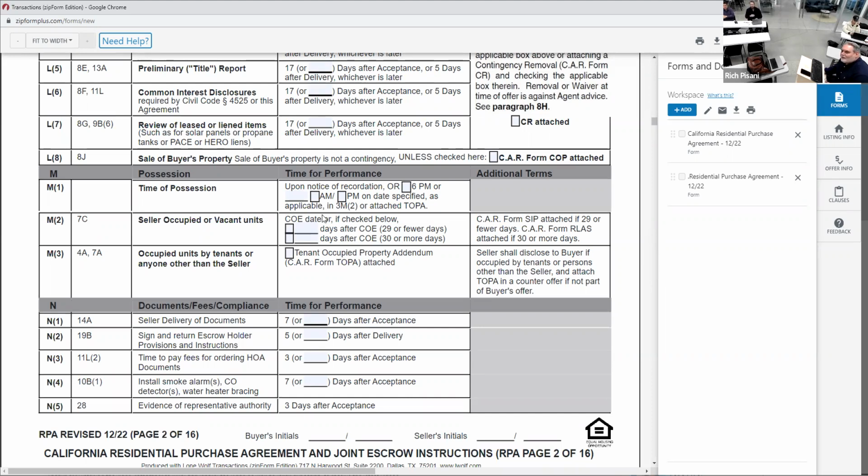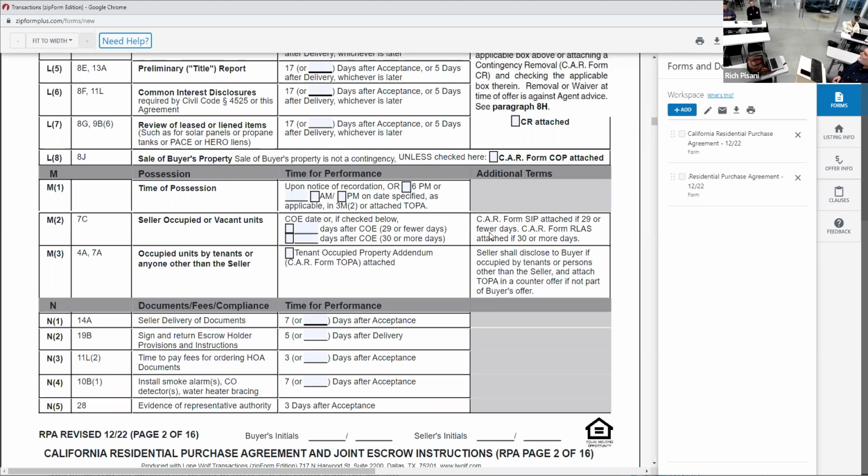And then seller occupied or vacant units. If the seller is renting back, it all depends on how long they're renting it back. If it's 29 days or less, there's an additional form called the SIP, seller in possession. If it is 30 days or more, it's an RLAS, residential lease after sale. Why is that?